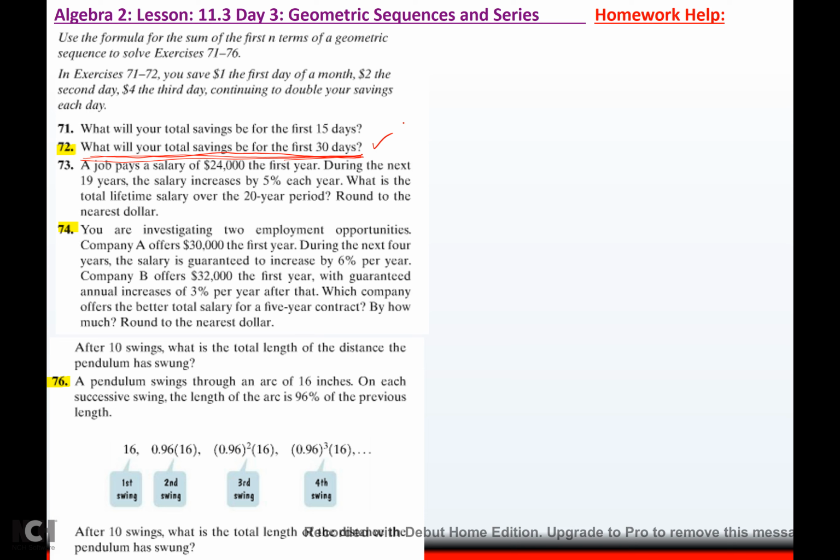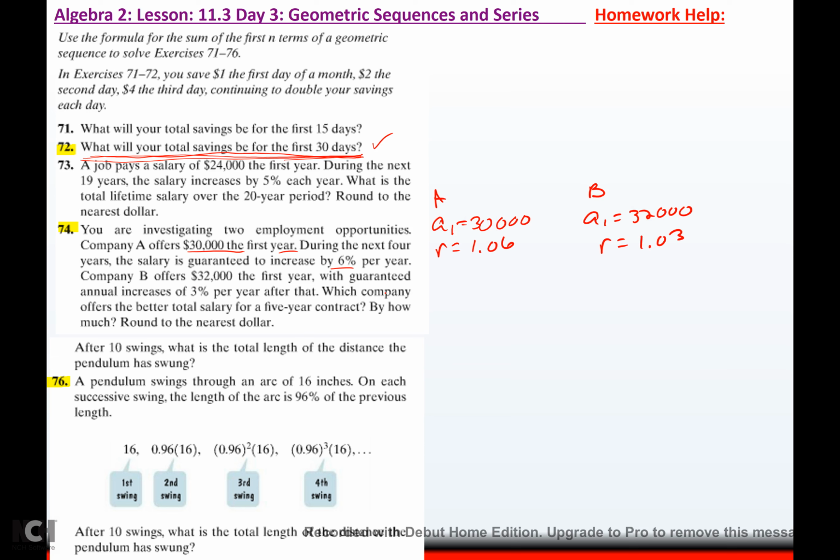74, you're investigating 2 employment opportunities. Company A offers $30,000 the first year, and during the next 4 years you will get a 6% raise. So for them, your A sub 1 would be $30,000, and your rate would be 1.06. Company B, your initial term would be $32,000, and your rate would be 1.03.